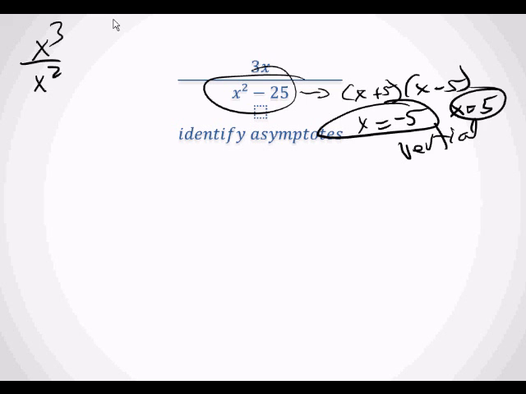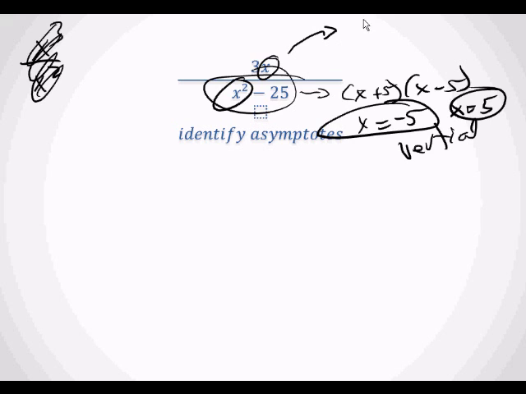If your top power is larger than your bottom power, you don't have a horizontal asymptote. Now here I have an x and an x squared.